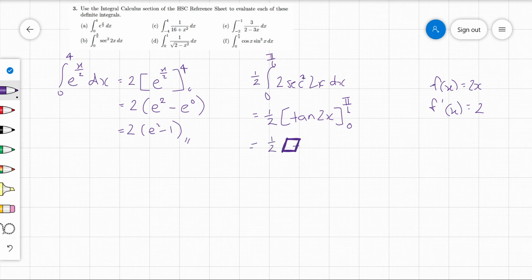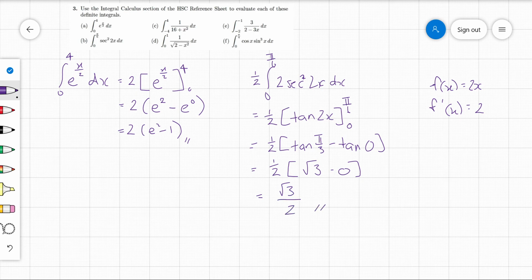We have tan of 2 lots of pi on 6, so pi on 3, minus tan 0. Okay, so we know that is the same as tan 60, which is root 3, and tan 0 is 0. We should know those exact ratios, exact values. So root 3 on 2 is our answer for that one.